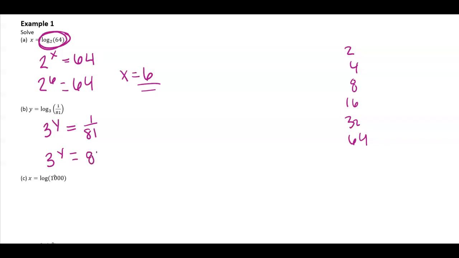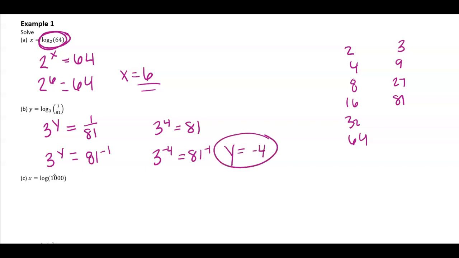So maybe we write this as 81 to the negative 1 first. And then we want to think about, again, 3, 9, 27, 81. Okay, so 3 to the 4th power would give me positive 81, and 3 to the negative 4th power would end up giving me 81 to the negative 1. So y must be equal to negative 4 here.